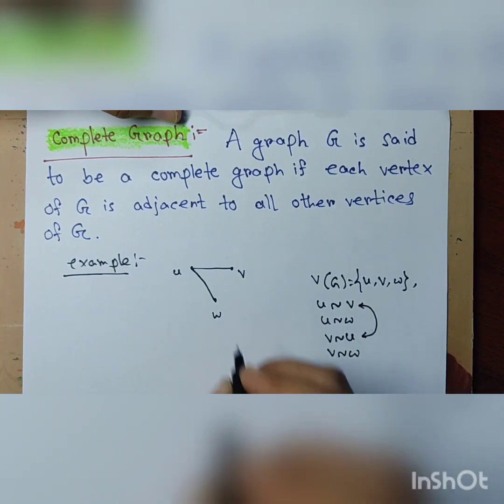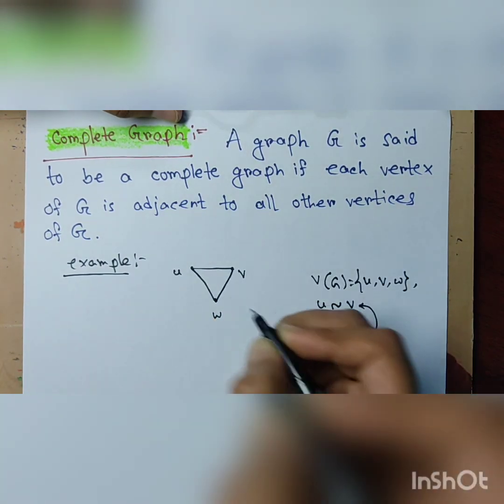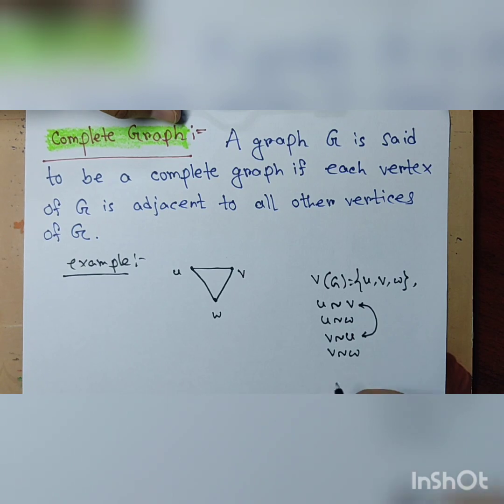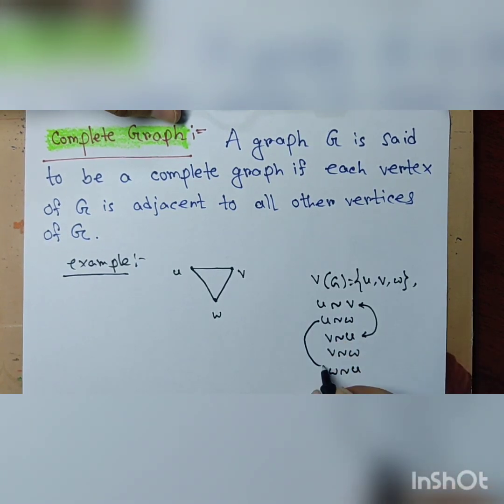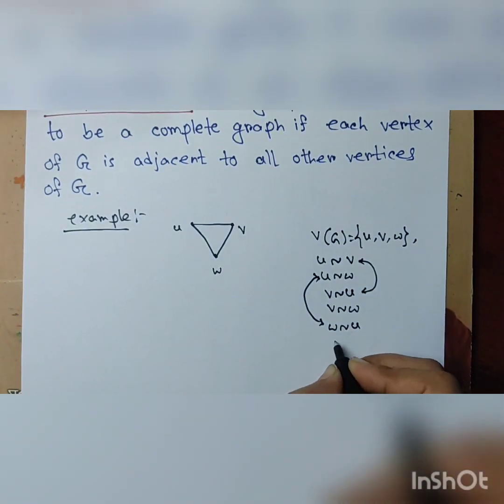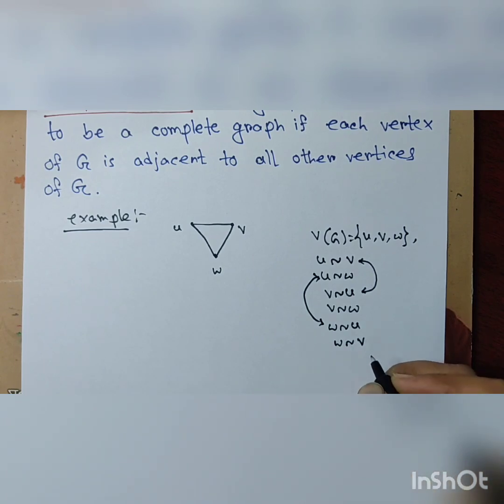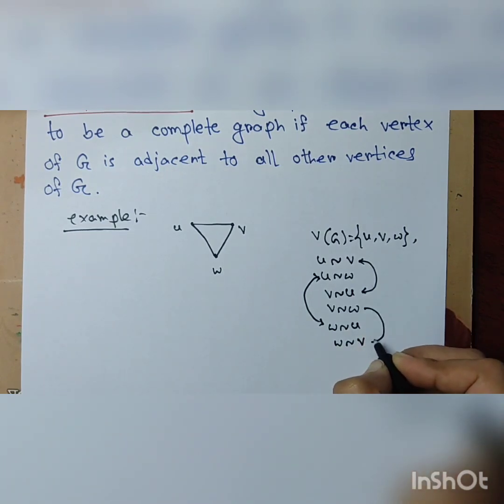Now v is adjacent to w means this edge. For w, w is adjacent to u, that is the same thing as u adjacent to w, and w is adjacent to v, which is the same thing as this one.